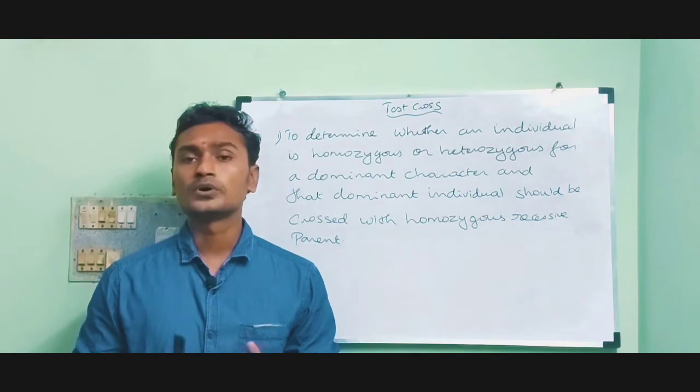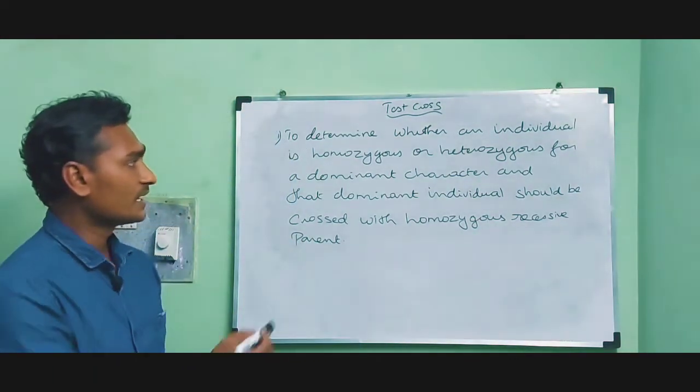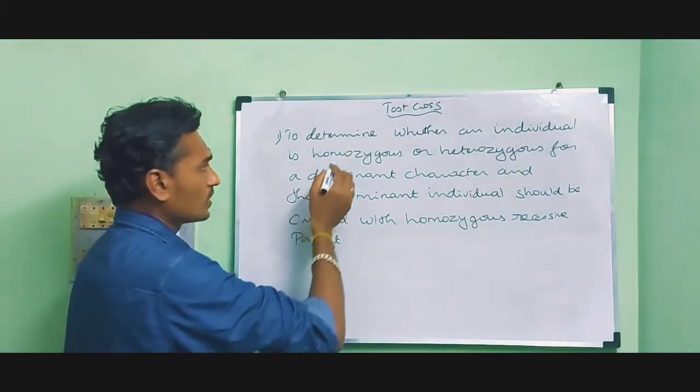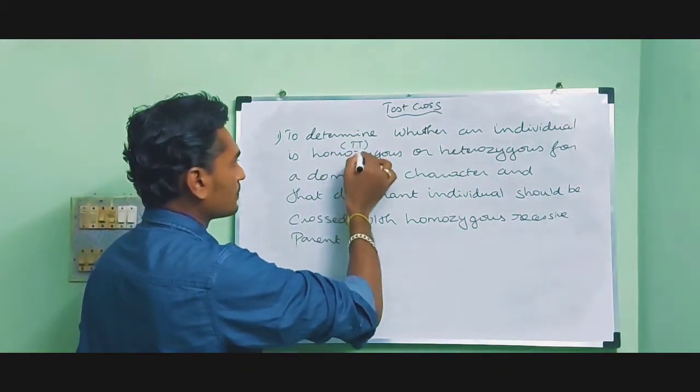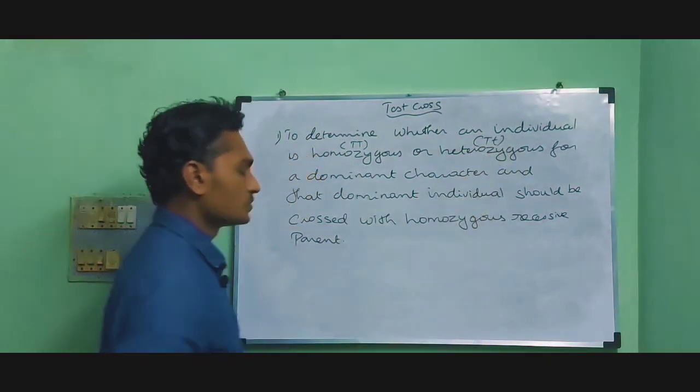Now I am going to work out the test cross. Here we have two possibilities of crosses, capital T capital T, and capital T small t.